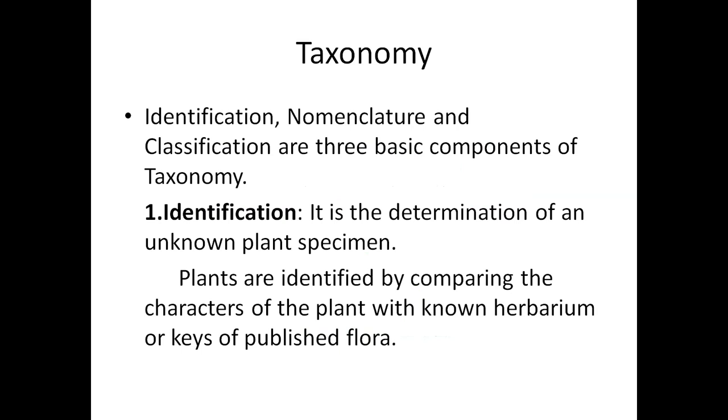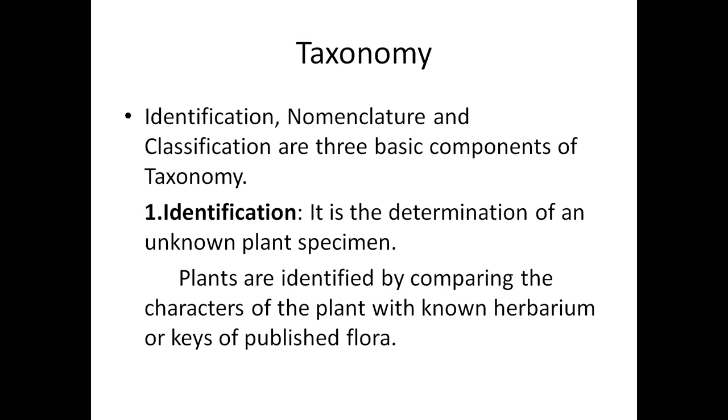So what is taxonomy? Taxonomy is basically concerned with the classification of the plants. Before attempting to classify, it is necessary to identify the plant and know its name, which is called nomenclature.